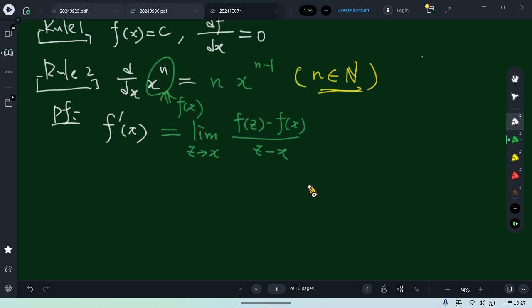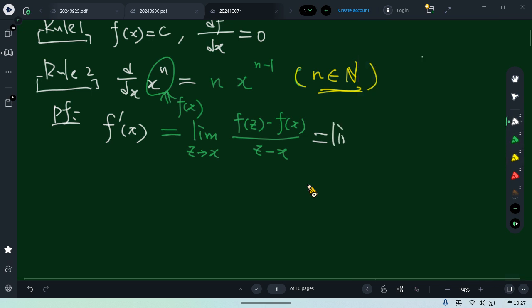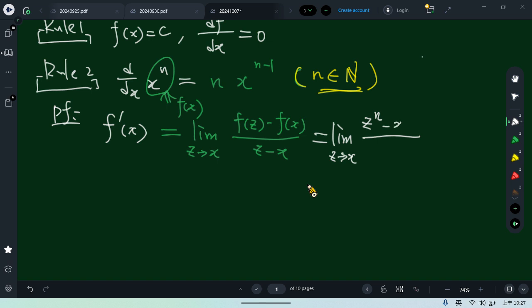So for this part, we try to get the limit as z approaches x of z to the power of n minus x to the power of n over z minus x, right?